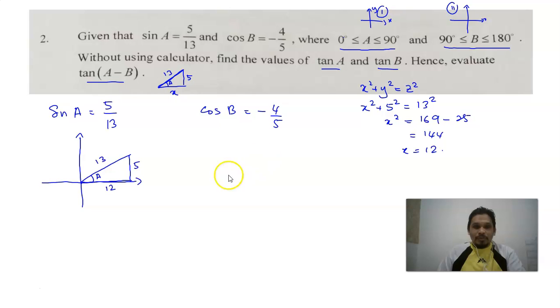Now we are going to list down sine. Okay, do we need to write down the sine? What we have right now is sine A. Do we need to list down all cos and tangent?